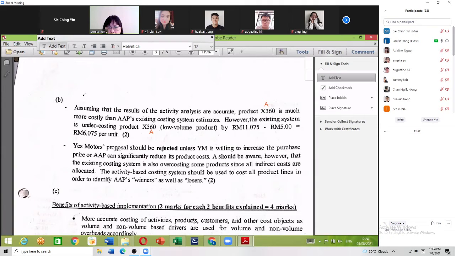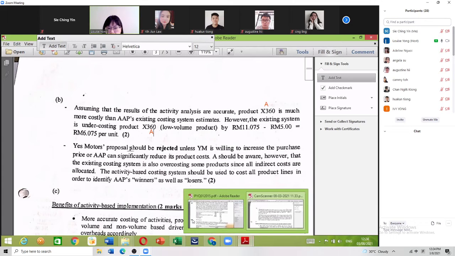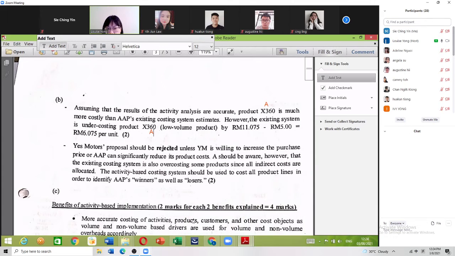Okay, so here should you accept the proposal or not? The answer is that you need to reject. It means that the $7.50 is not enough. If you accept $7.50 but your cost is $11, of course you will not make money, right?